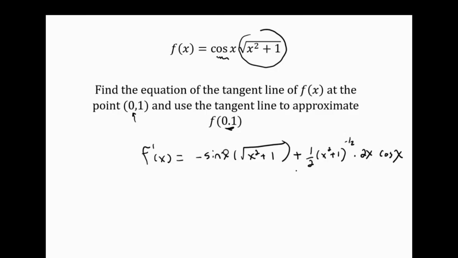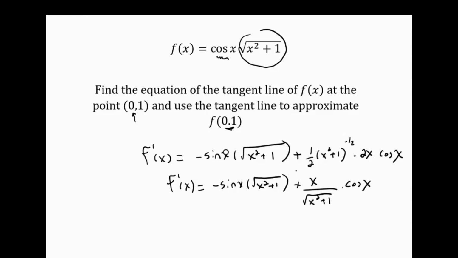All right, so that means that f prime would come out to be negative sine x times the square root of x squared plus 1. And then this is going to simplify to x over the square root of x squared plus 1 times cosine x.